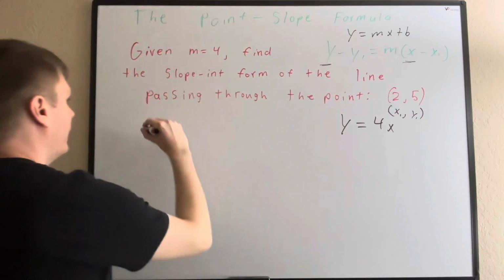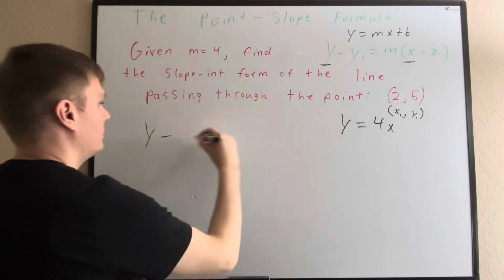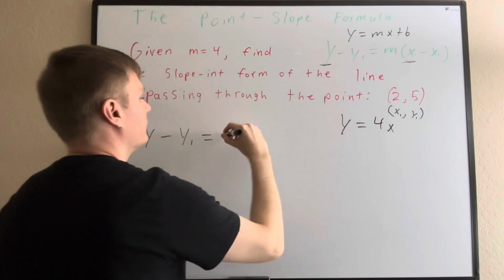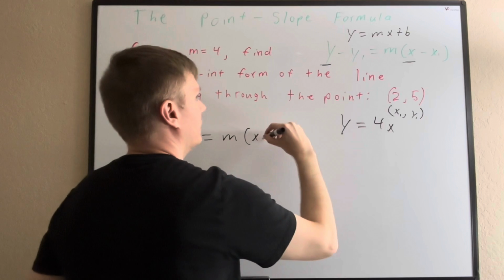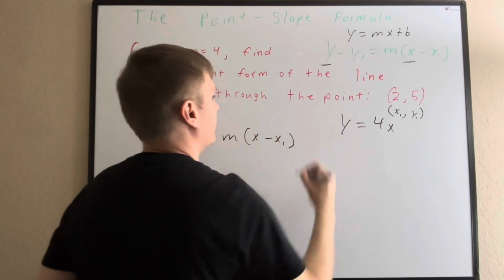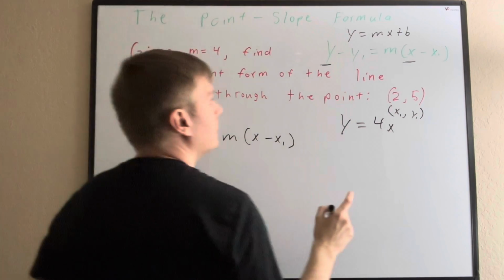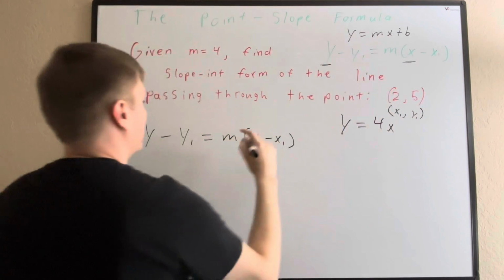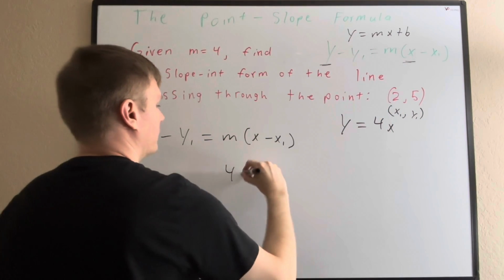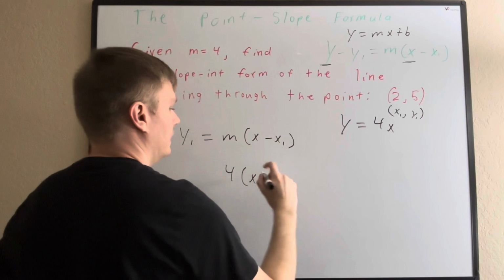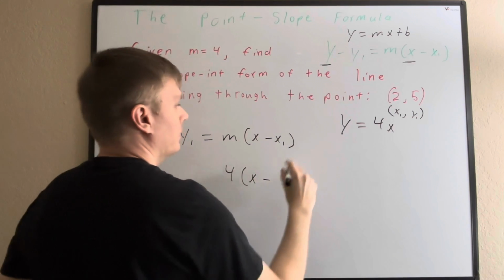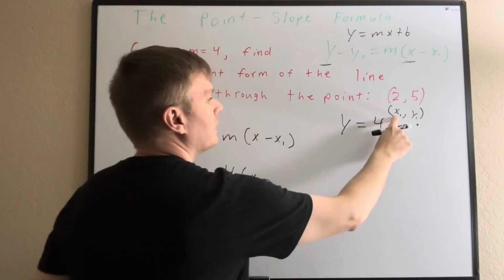So y minus y sub 1 equals m times x minus x sub 1. Well, we have m, so that's 4, leaving the x alone, minus x sub 1. What's x sub 1? 2.